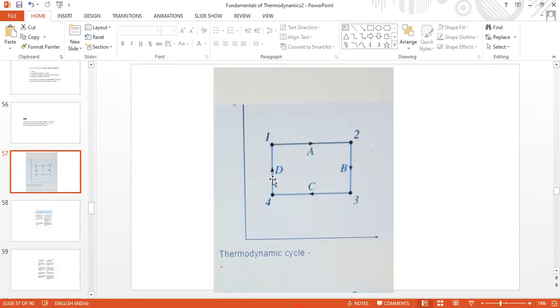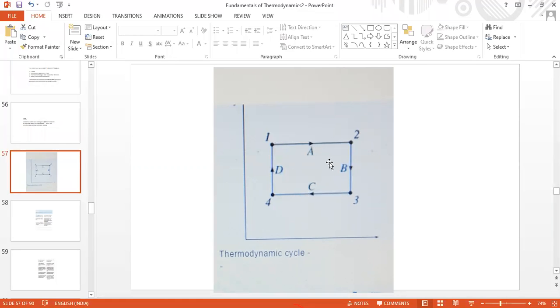Okay, you require some time. You are taking more time. I will tell you here. The area 1, 2, 3, 4, 1 represents the work done in the cycle, or here because it is clockwise, it will be work done by the cycle. That means it may be a turbine, it may be any work producing device.